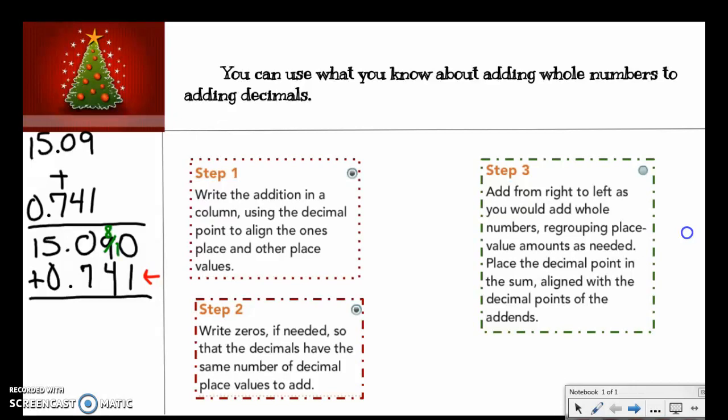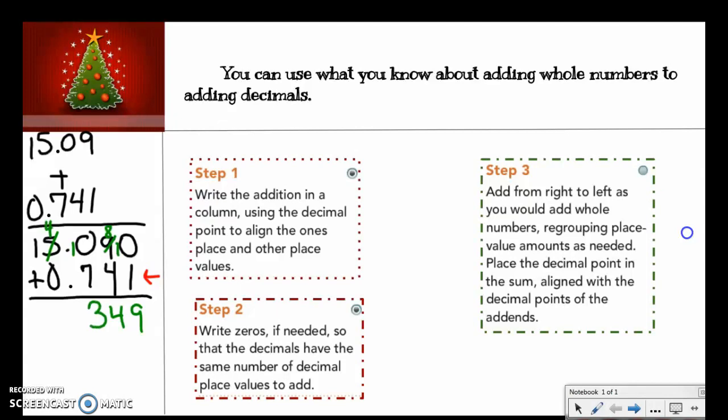Alright, 10 minus 1, 9. 8 minus 4 is 4. 0 minus 7, again, we cannot do that. So we're going to go to the 5 on the other side of the decimal point and take 1 from that. Bring it back over to the 0 and turn it into a 10, so you took a 10. Alright, 10 minus 7 is 3.